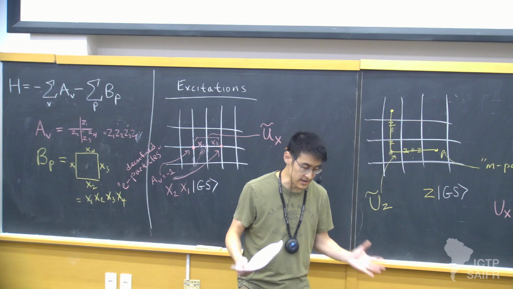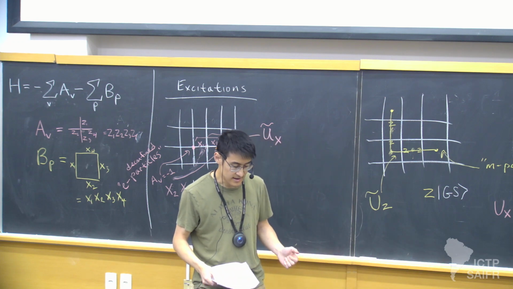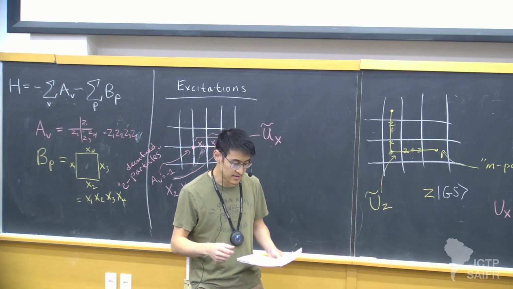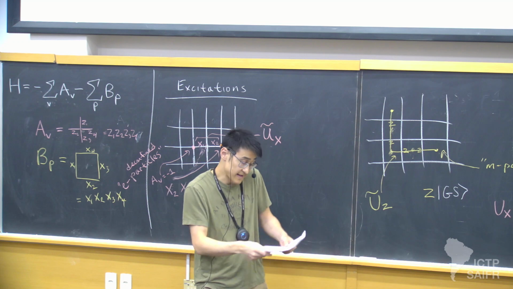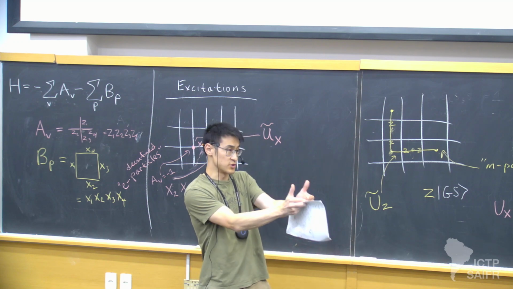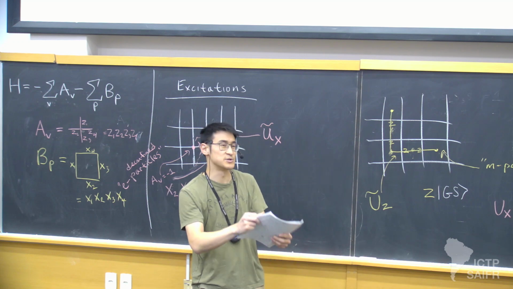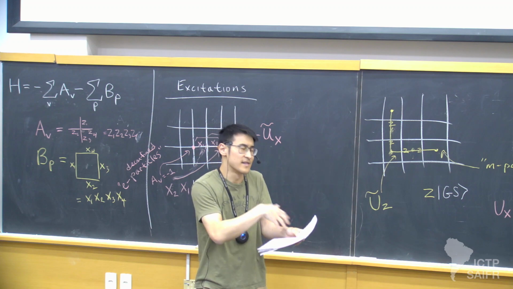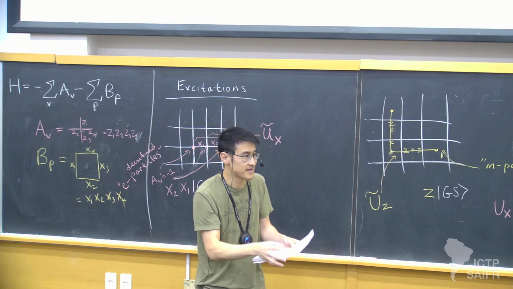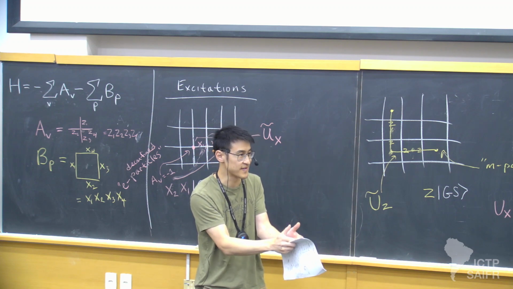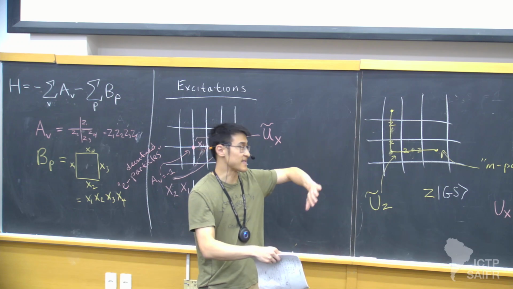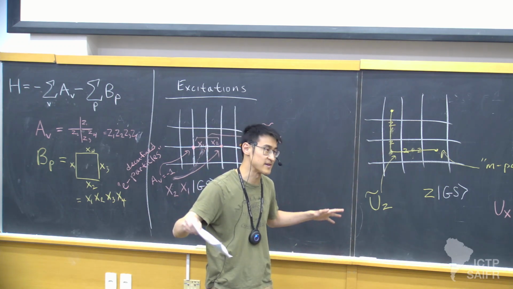So the whole idea behind a quantum code is that, for this 2 qubit example, I have a 4-dimensional Hilbert space, right? I want to realize that 4-dimensional Hilbert space not by 2 physical qubits, but by a subspace of a huge Hilbert space.